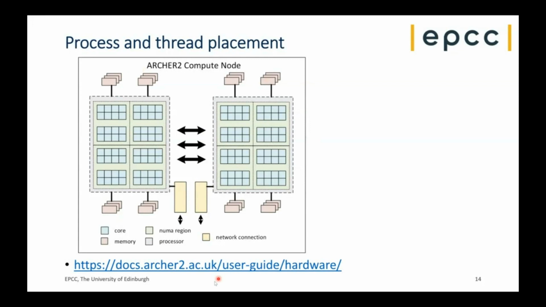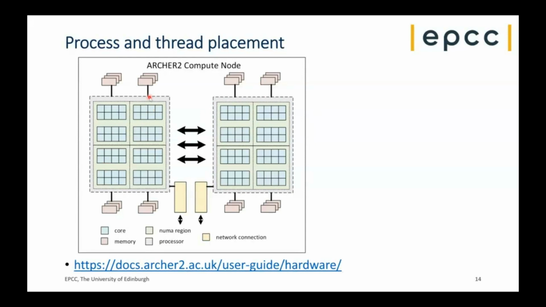Again, why do we care? If you're just going to fill up all these 128 cores with work, with processors, with jobs, then you don't care. You'll be able to use all the resources and you'll get all the performance. But quite often people try to do what's called underpopulating when they run an application.